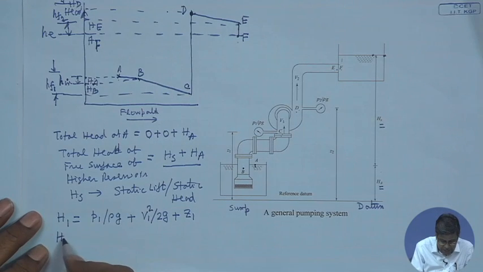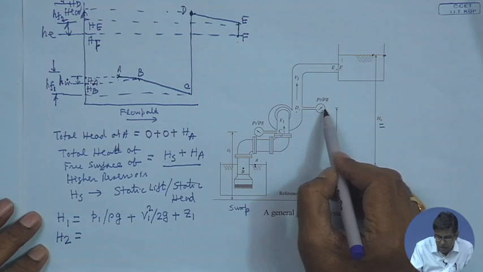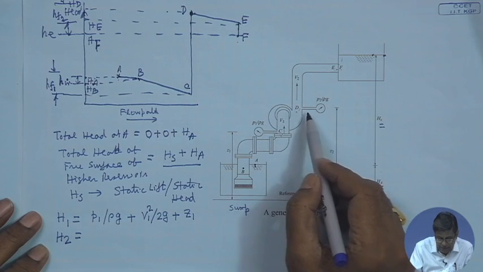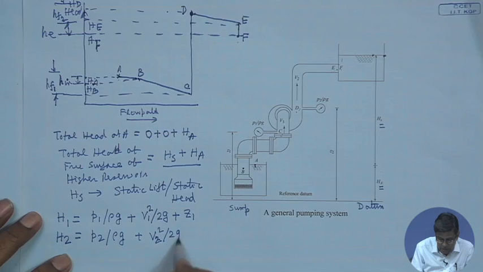Similarly, H2, the total head at the discharge end, that means just at the outlet from the pump, is P2 by rho g plus V2 square by 2G plus Z2.